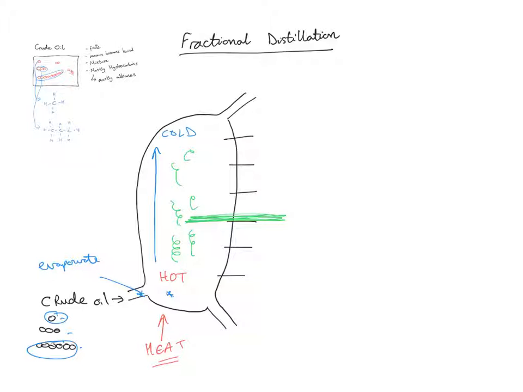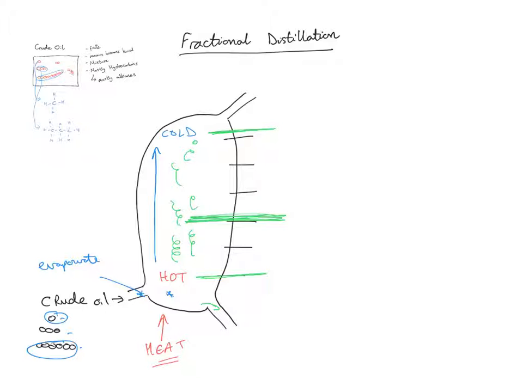A really small length carbon chain, where you've only got 1 or 2 carbons, will condense right at the top, and the really, really long chains will condense either right at the bottom or won't even evaporate properly at all, so it will come off at the bottom. So therefore you're going to be separating out the different chains based on their boiling point, and the temperature at which they condense.